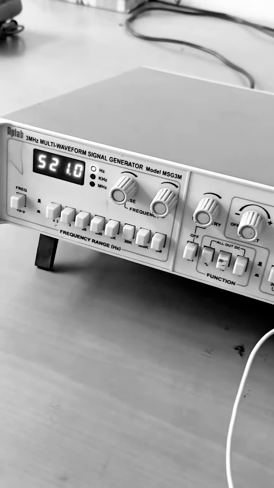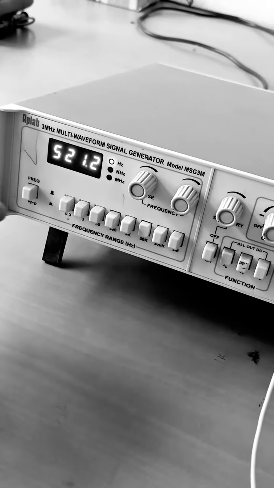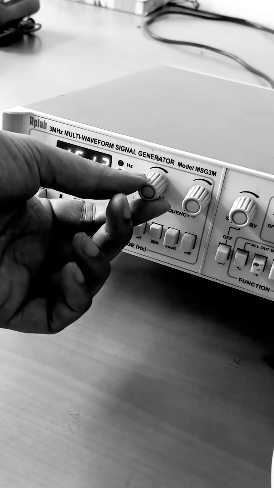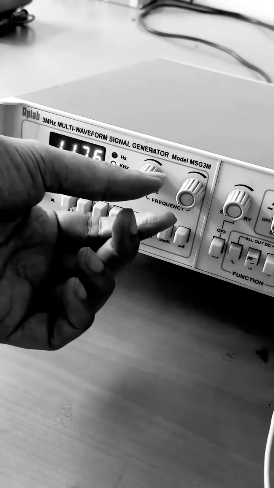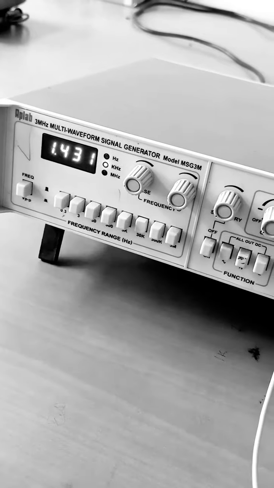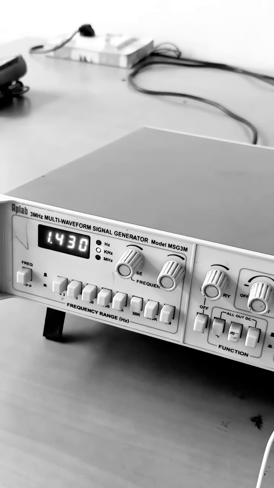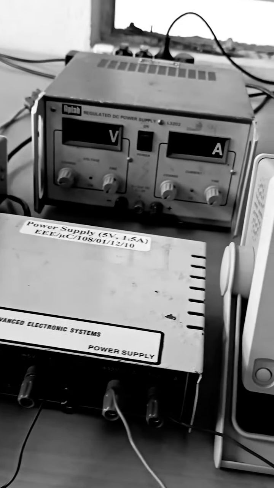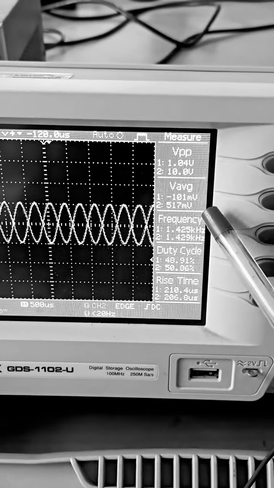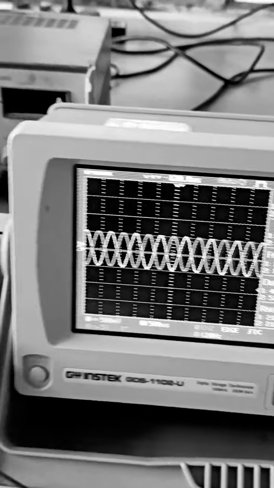539 millivolt. Just change the frequency to 1.5K. So it is near 1.4 kilohertz. You can see the output voltage is still the same, around 536 millivolt.